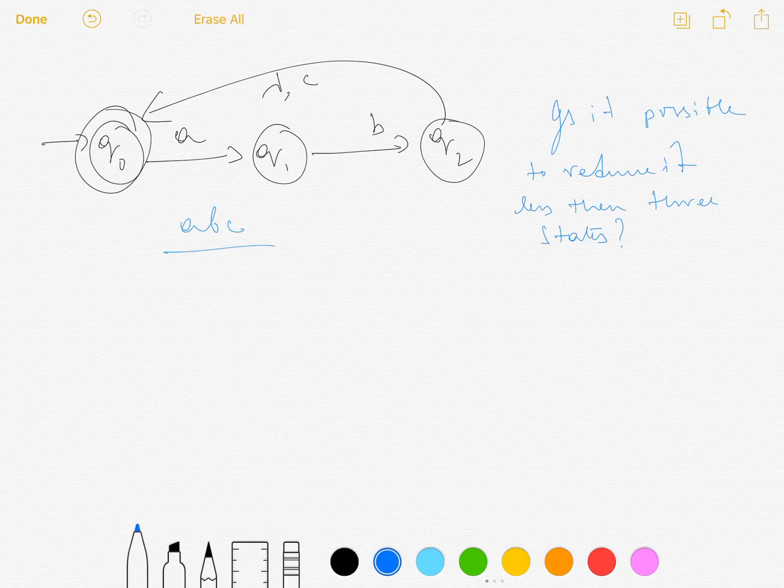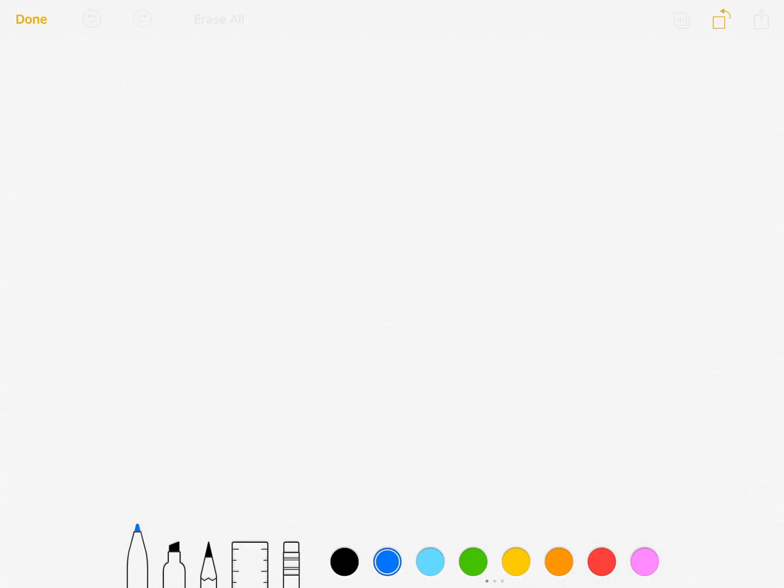That means if I have to consider ABC, that case minimum 3 states are required to consume this A, B and C. So less than 3 states, it is not possible to consume ABC, if I consider that one alphabet will be consumed in each state. Okay. So coming back to another problem.